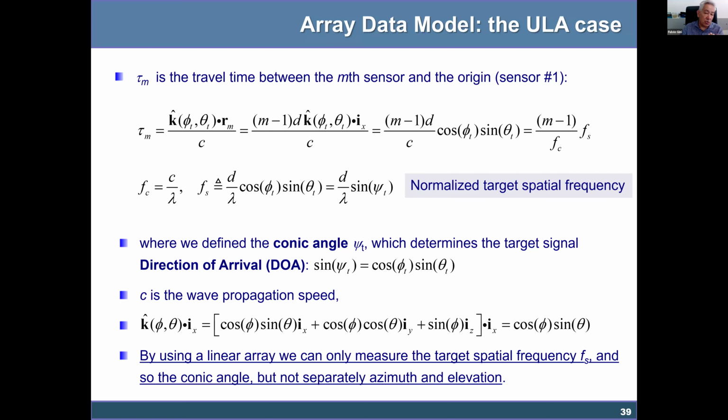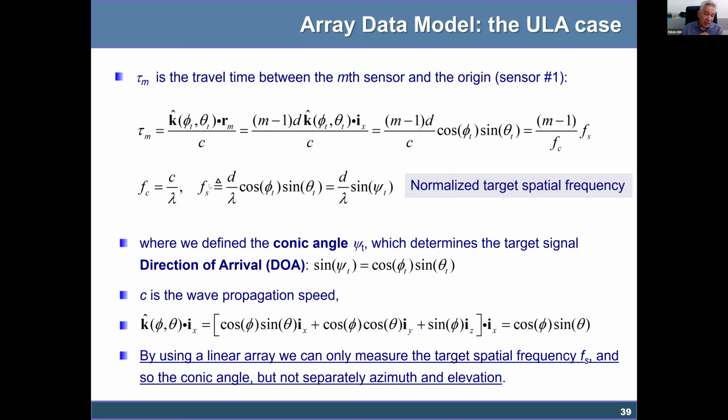So it is called normalized spatial frequency. And you can observe that if you define the product of cosine and sine as sine of psi, this psi is what is called the conic angle.